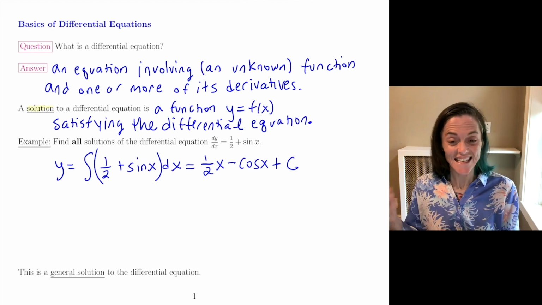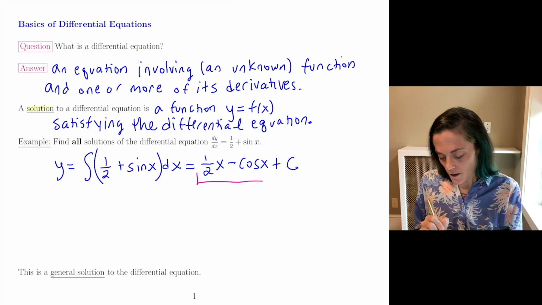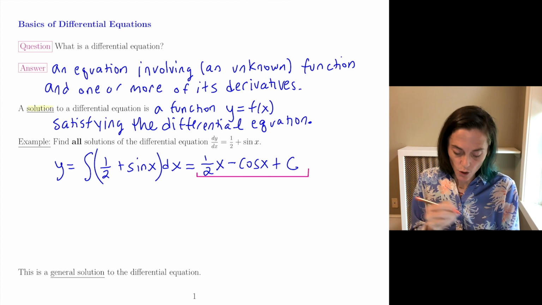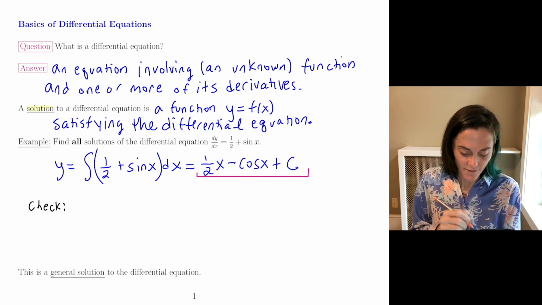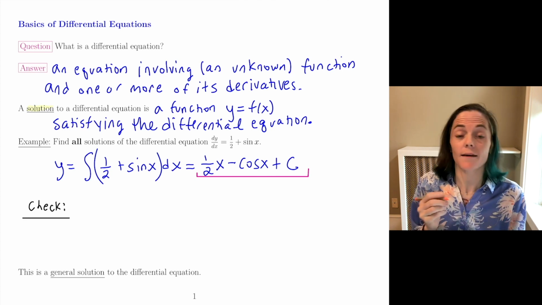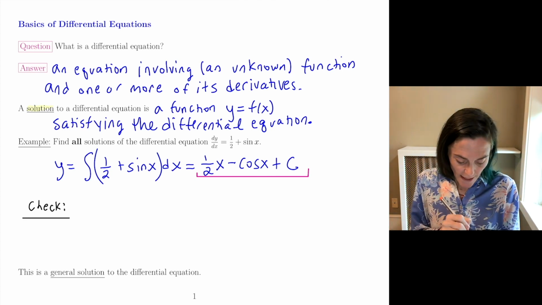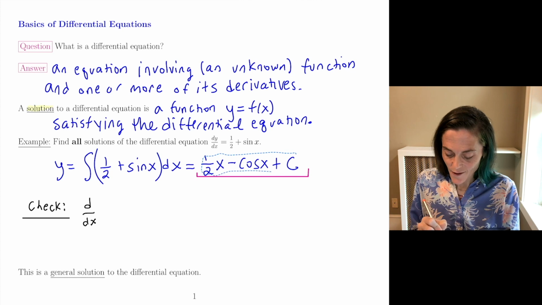Okay, so this is it. This is our answer. Now, just like when we first started learning how to integrate, certainly in this example, and generally with differential equations, you can check that the solution works. And how would you do this? Well, we can calculate d/dx, and I will even include the plus c if I would like.